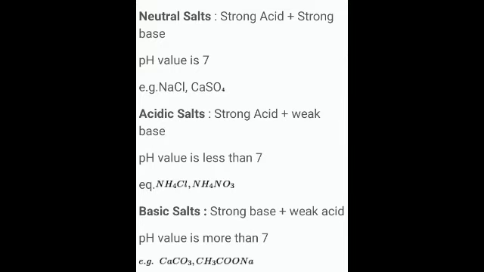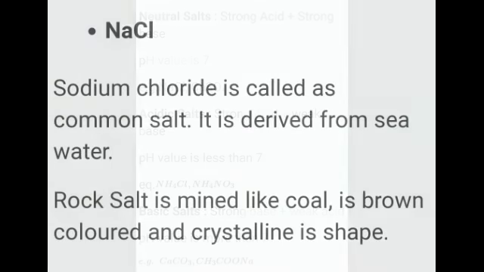But when strong acid combines with weak base, then the salt formed will be acidic in nature, and if weak acid combines with strong base, the salt will be basic in nature.